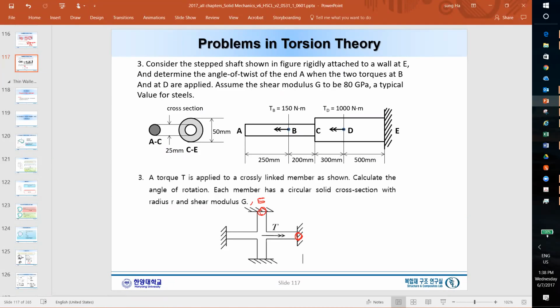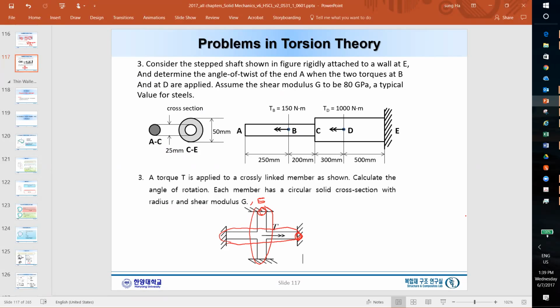Similar to a previous case, this part works as the torsion shafts, but this one will also work as a bending beam.